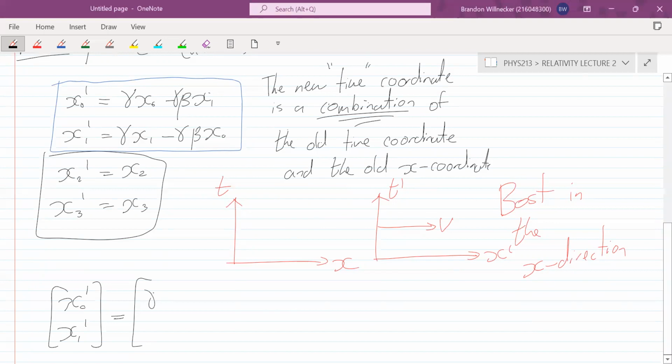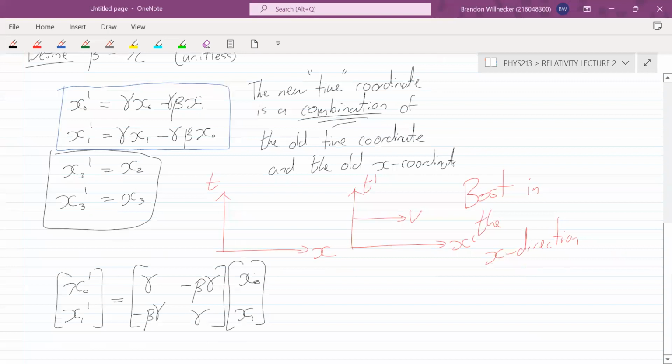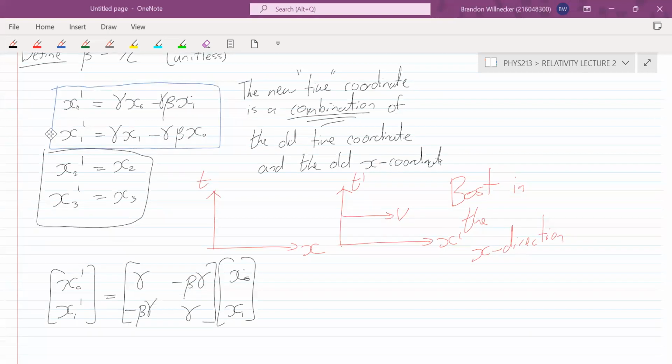We can see it needs to be gamma, minus beta gamma, minus beta gamma, and gamma, times x0, x1. So this gives us the coordinate transformation matrix to go from unprimed to primed. Now, this is a linear transformation from unprimed to primed.